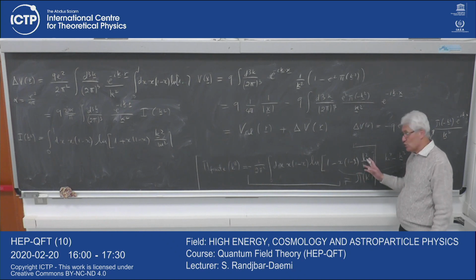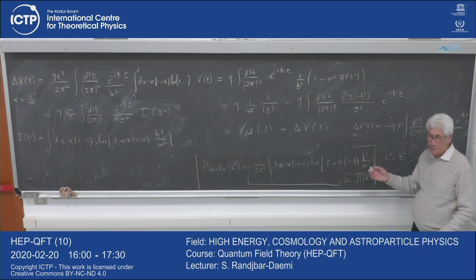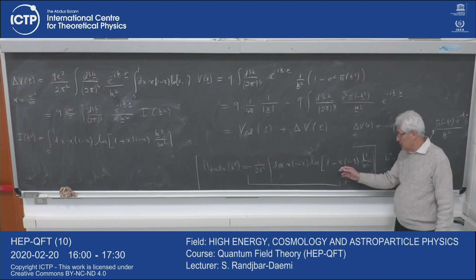How large should k squared be in order for the whole thing to be negative? That means in order for this to be bigger than 1 in absolute value. Well, it depends on what's the maximum value of this expression, or what's the minimum value of k squared.